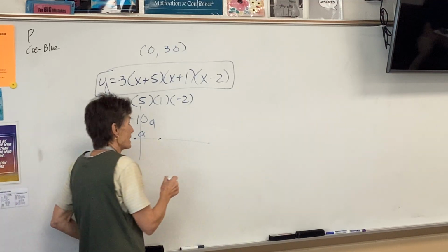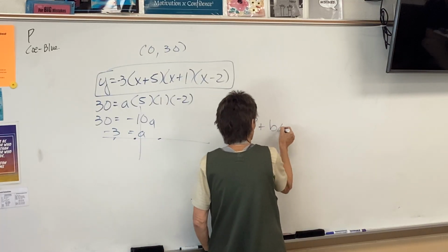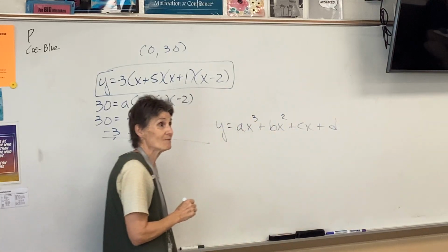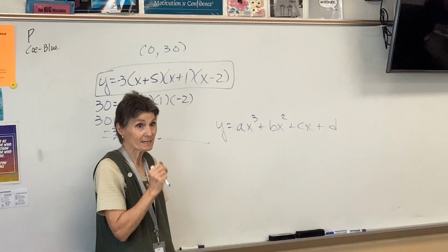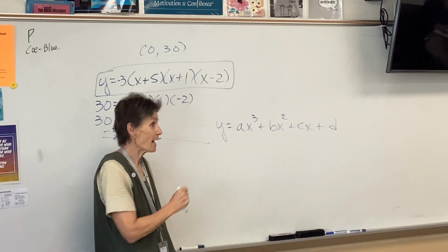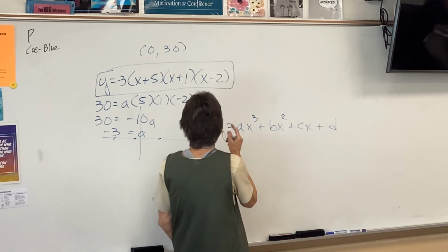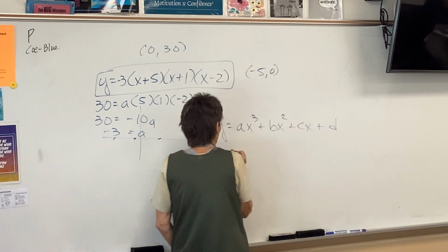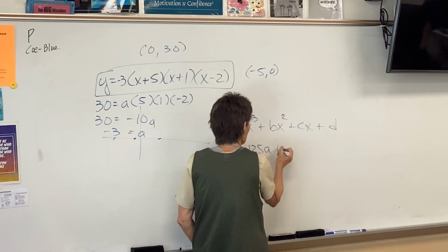Now, Violet's idea was a cubic polynomial is going to look like this. How many variables? How many points do you need? How many do you have? So you could plug in, for example, if I plugged in -5, 0, I put 0 here and then plug in -5.